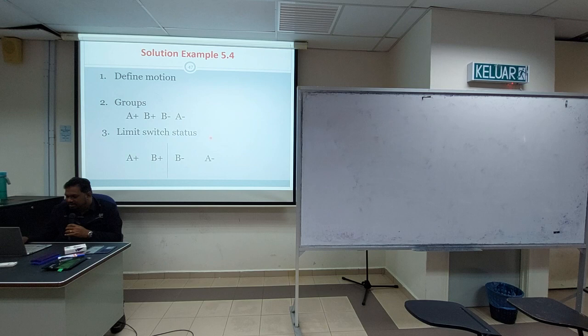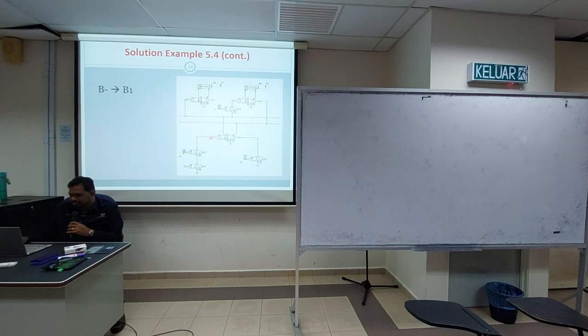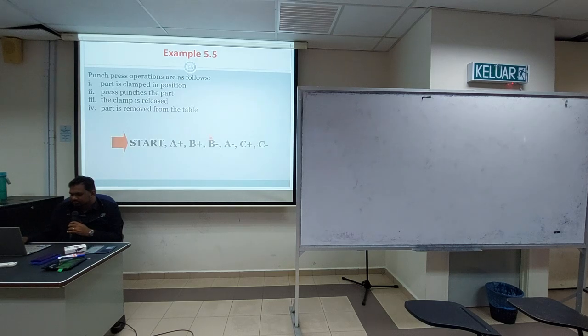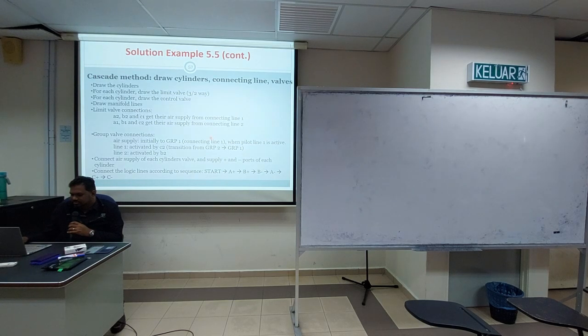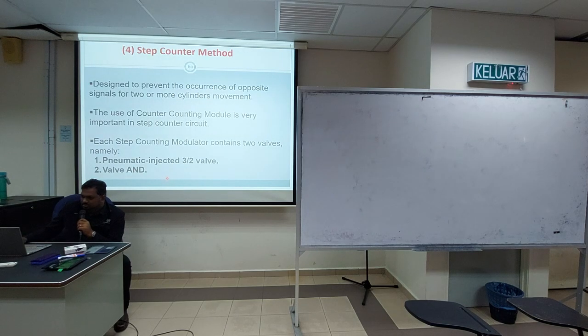The example is here, we will see it later, and you will design together with me. This is an example of the cascading method, where you can see there are 2 lines.